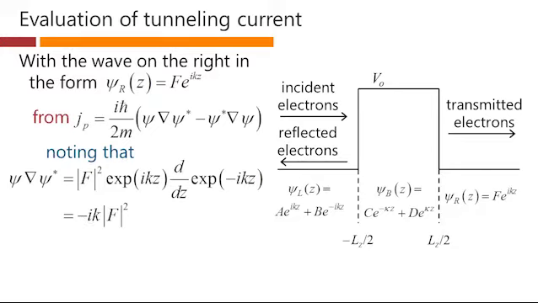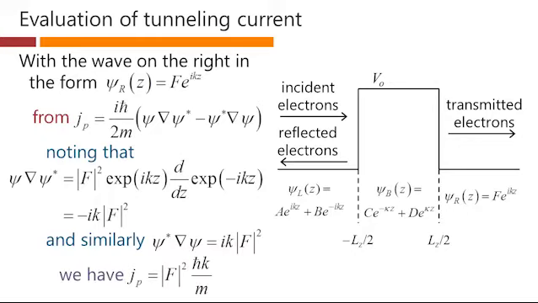The complex exponentials we're left with multiply up to 1, and so we have this simple expression here for the evaluation of this term here. And similarly, we can evaluate the other term. We will get a plus ik in that case, but since these terms are one minus the other, these two actually will add up to give us a total of twice this one value. We will get Jp equals mod f squared h bar k over m. We've cancelled out the 2 because these two terms actually ended up adding one another.